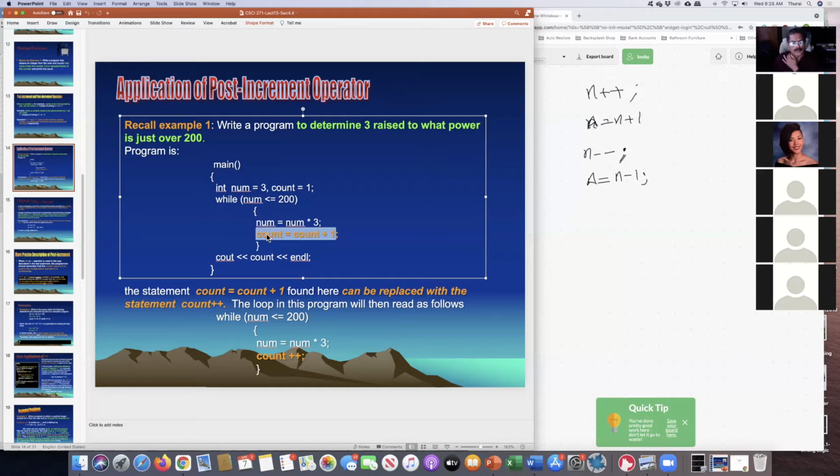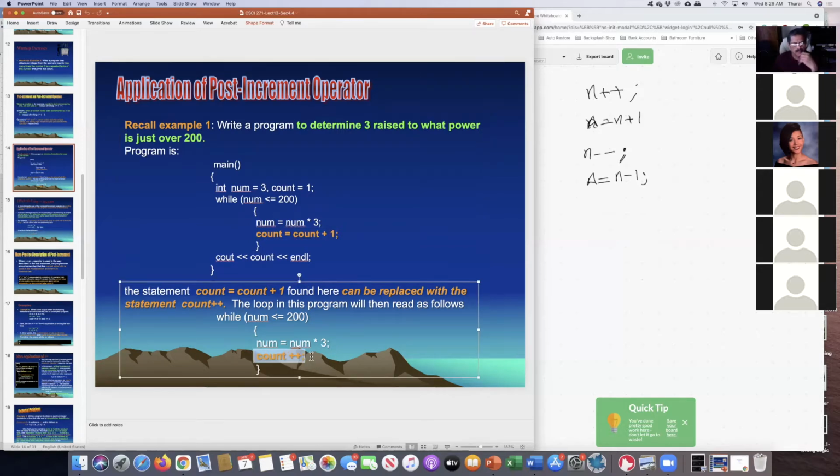I'm repeating this: only when this is not true, the loop will terminate. So when the loop terminates, num is over 200. At that point, count has the power. So I'm writing the count. That's how I'm determining the power to which 3 has to be raised to go over 200. And if I use count plus plus here, instead of count equal to count plus 1, then the program will become this.